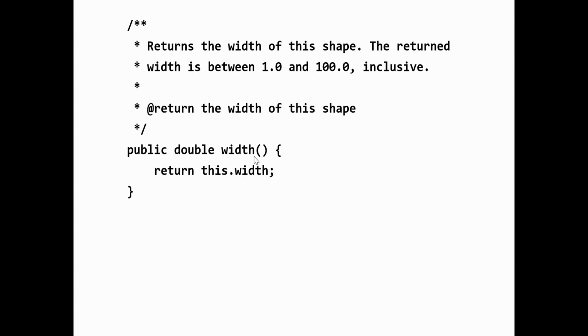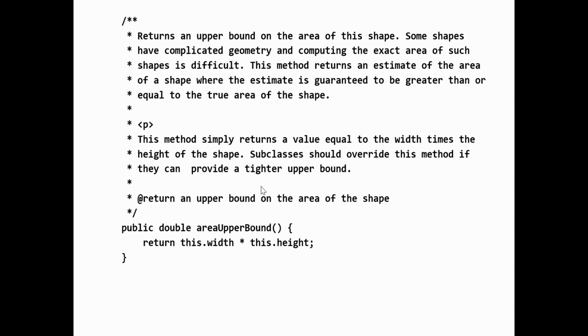Namely, there's width, which returns the width of the shape. There's height, which returns the height of the shape. And then there's this method called area upper bound. So if you've got a shape that's got a width, so that's its width, and that's its height.